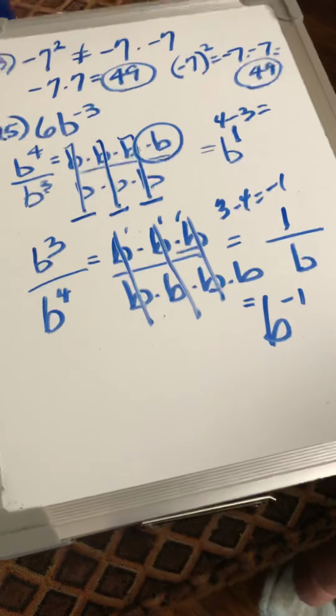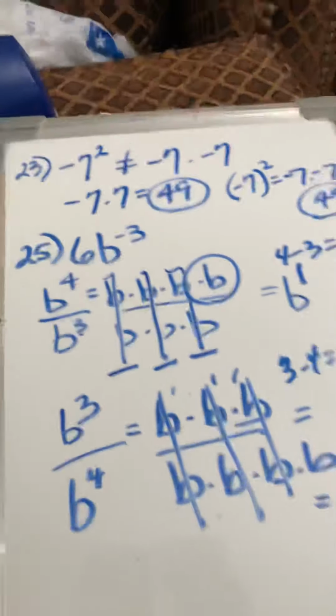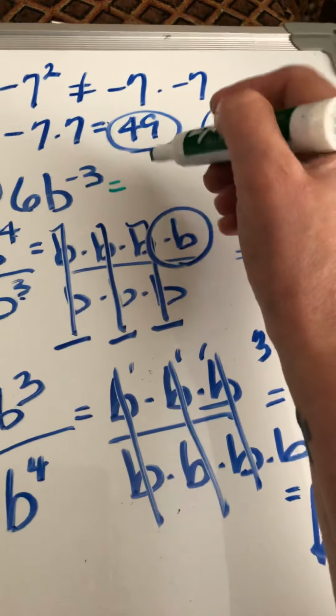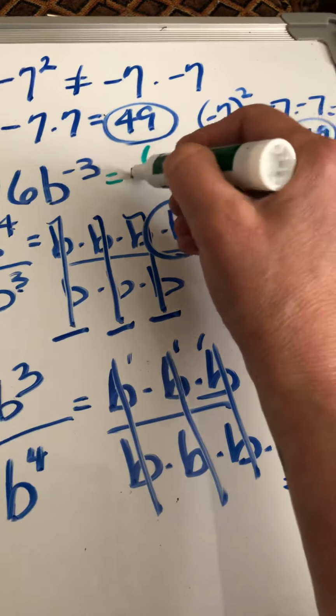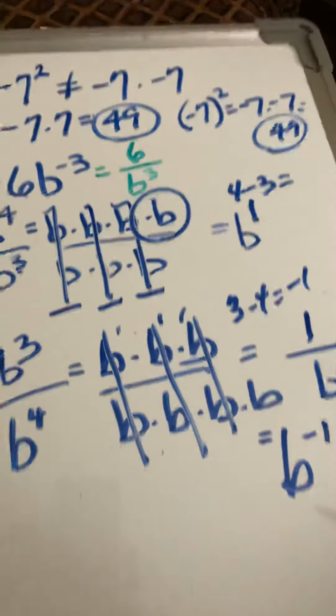So I say all that to say this. I'm going to switch colors here. It's getting a little crowded. Okay, back. This one is really 6 over b to the positive 3 power.